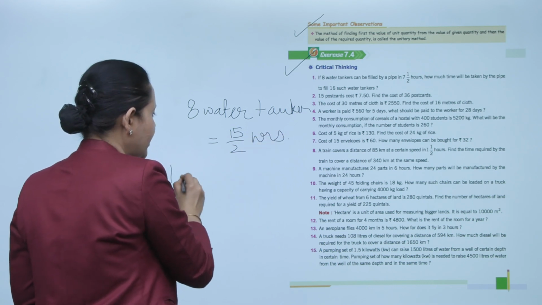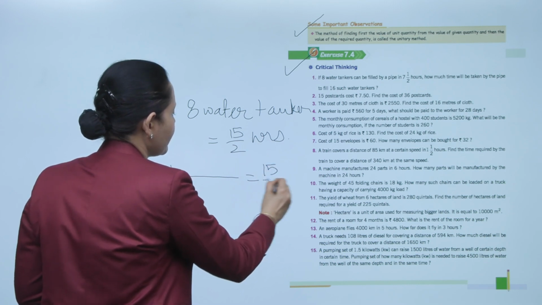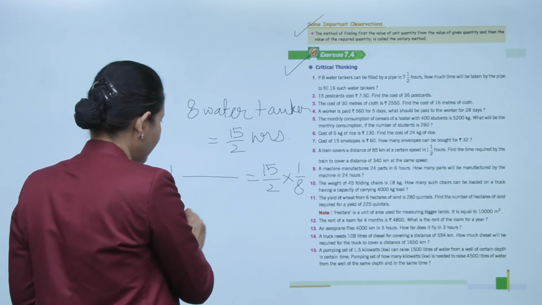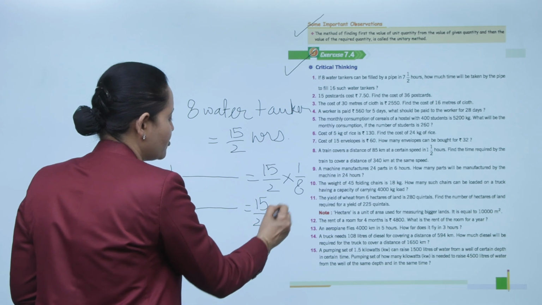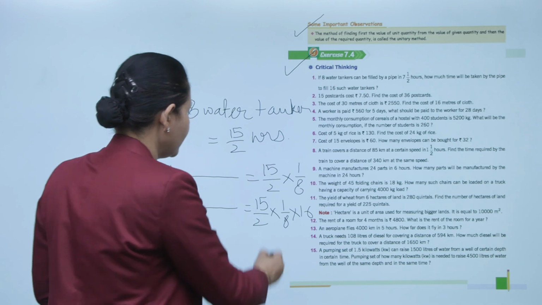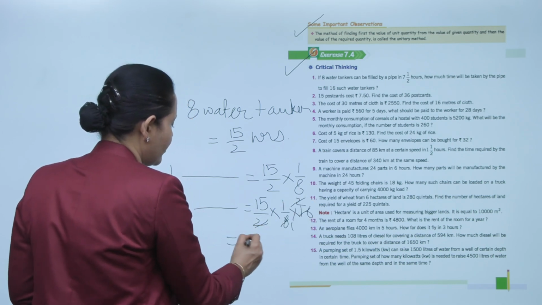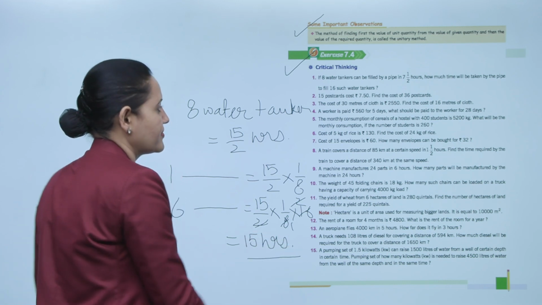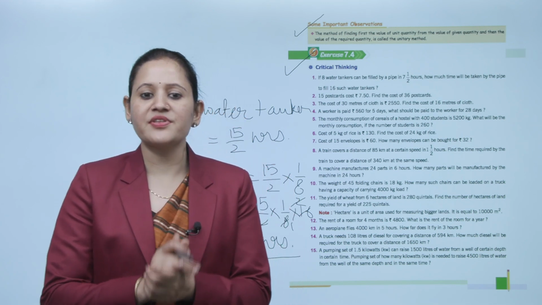So, for 1 water tanker, how much time? 15 by 2 into 1/8. So, for 16, 15 by 2 into 1/8 into 16. Now, we'll solve it. 8 ones are 8, 8 twos are 16, which means 15 hours. Clear? So, you have to practice all the questions of this exercise.